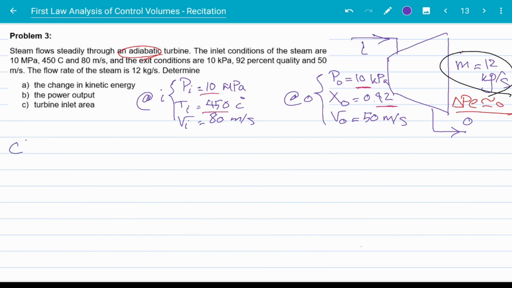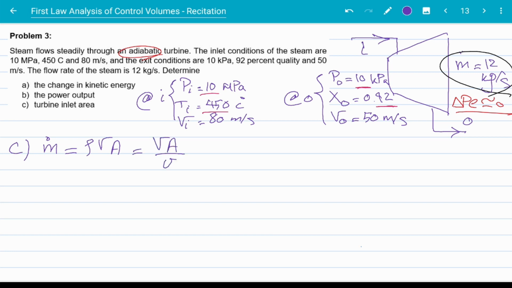Okay, so for part C, we are asked to find the turbine inlet area. So again, go back to the mass flow rate equation. m dot is density times velocity times cross-section area, or velocity times cross-section area over specific volume.